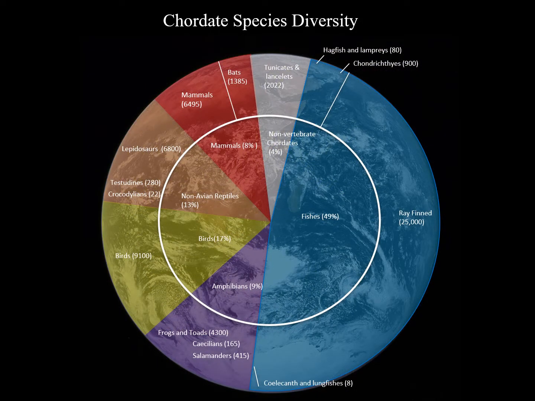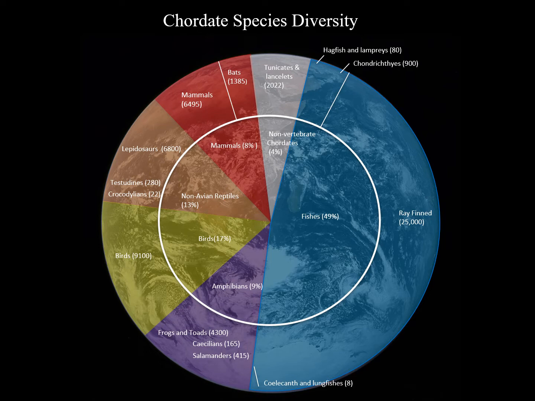I've divided that blue marble up into a pie chart that illustrates the number of species that are currently known to exist on the Earth, and the larger the piece of the pie, the greater the number of species in that particular lineage. So this is of all chordates, and of course vertebrates are chordates, but chordates also include the immediate outgroups of vertebrates, so these are the tunicates and the lancelets.